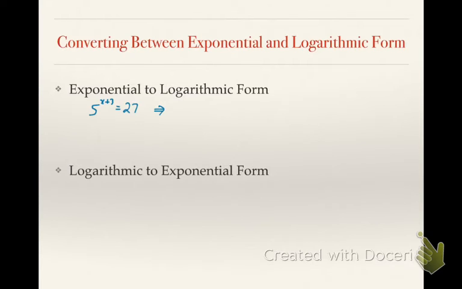Before we actually do that, I just want to point out some terminology that is used in these logs and exponentials. On the top I'm going to write a to the b is equal to c, in the equivalent logarithmic form, which is b equals log base a of c. This is how you're going to convert between the two forms.